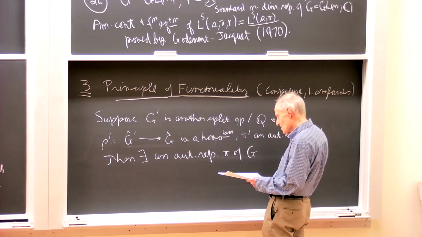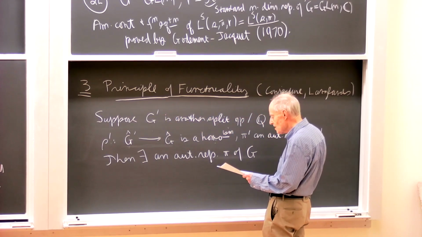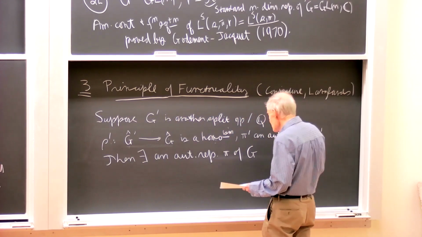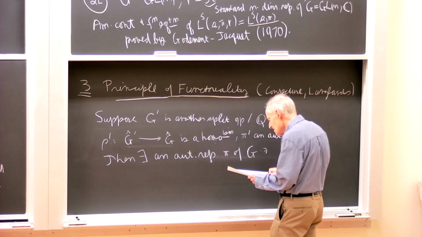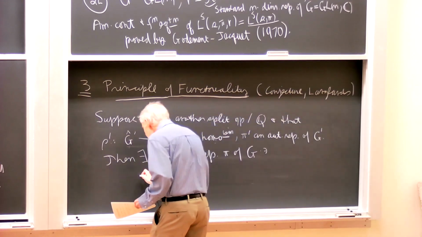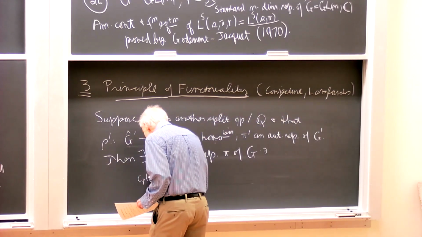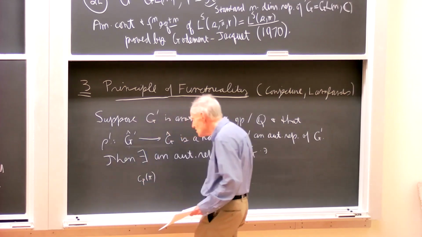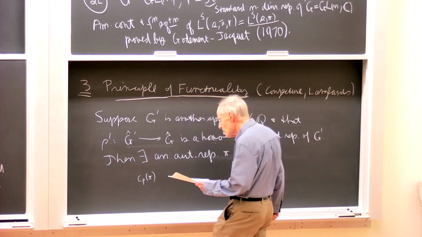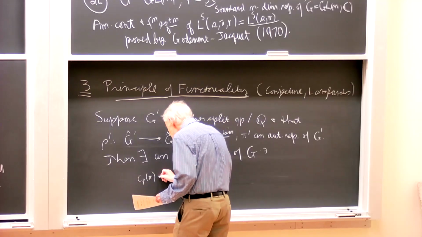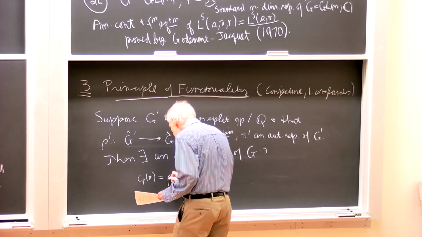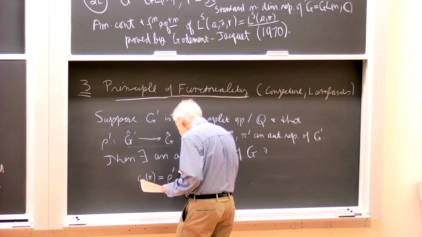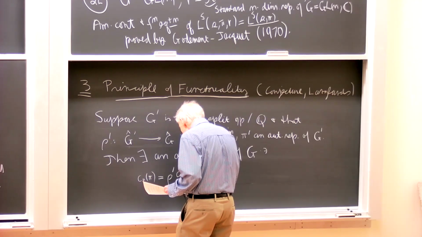The assertion is there's an automorphic representation pi of G such that c_p(pi), the data attached to p for almost all p, is the image under rho prime of c_p(pi prime).